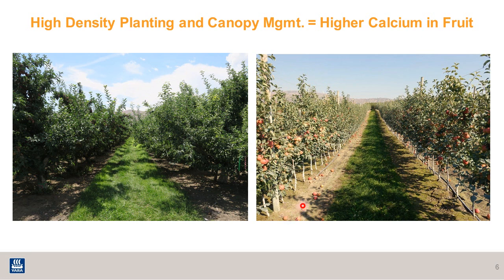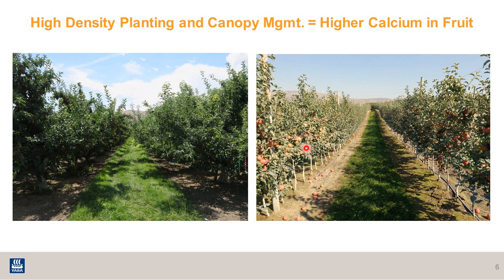The idea with high density is that you're planting more trees so you can get the trees to grow into production size sooner. So you would start taking out the fruit and start making money sooner. Another thing that happens with this high density planting is you have dwarfing rootstocks.